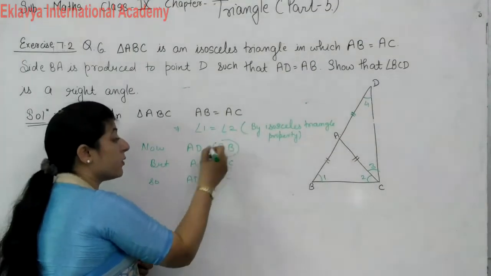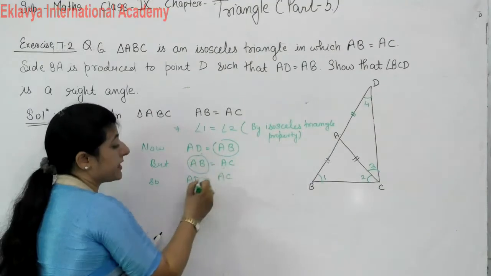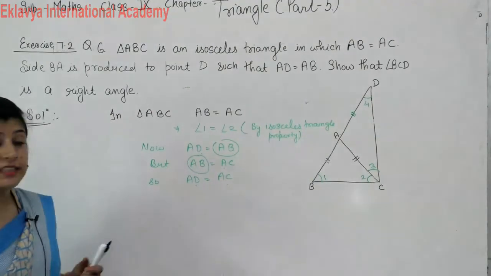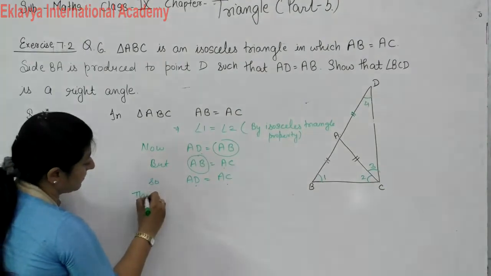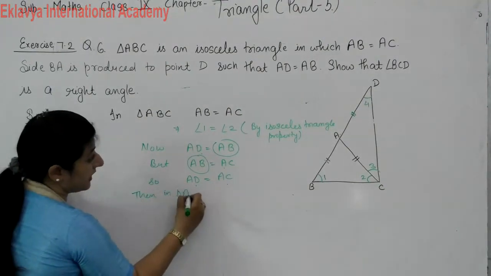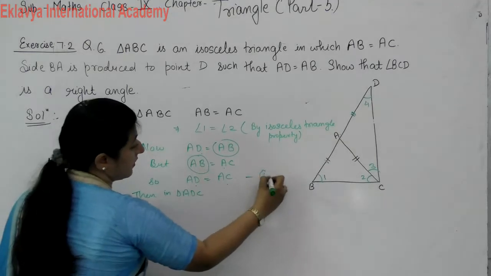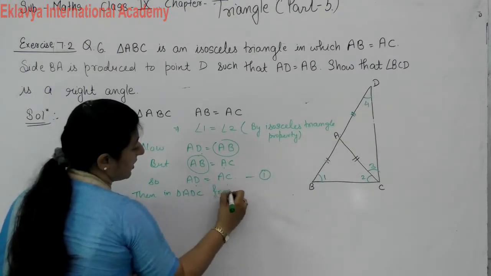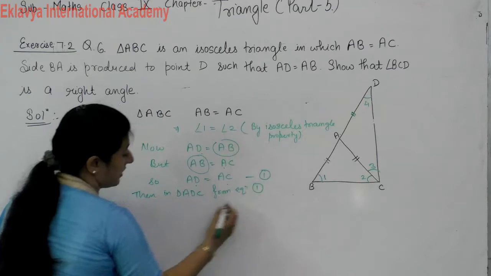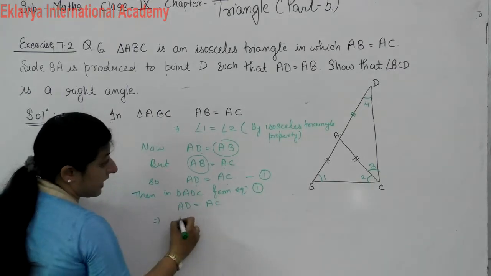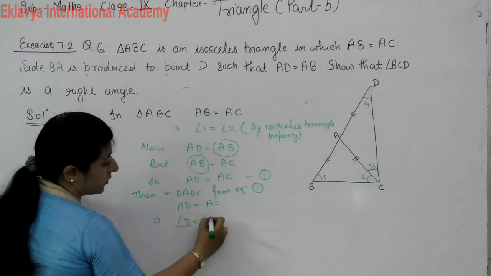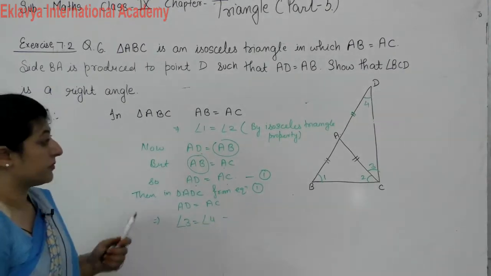It means AD is equal to AC. Then in triangle ADC, from equation first, AD is equal to AC, then angle 3 is equal to angle 4.